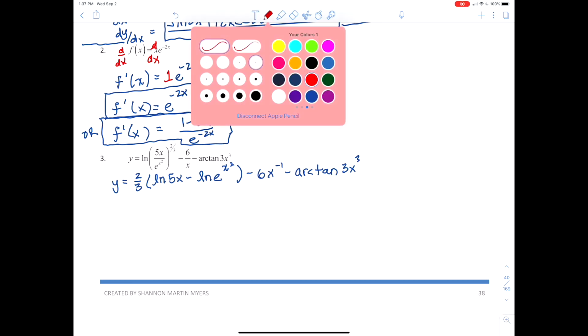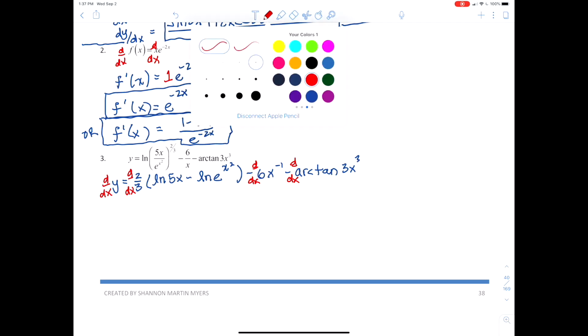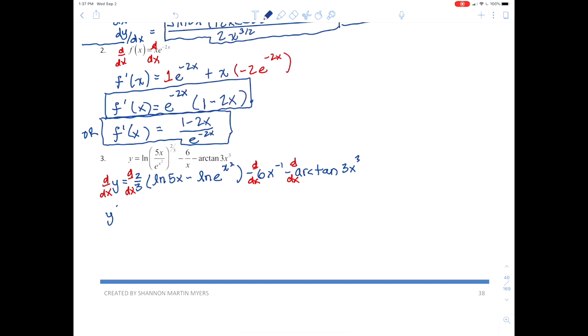So differentiating, remember we can apply that derivative to each one of these terms because it is a linear operator. So for our first one, this will be dy dx, or y prime. I'll write y prime this time.